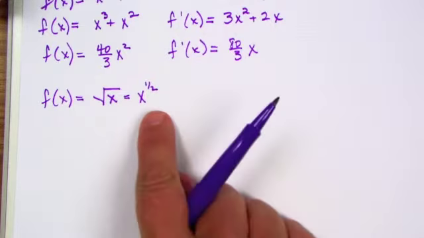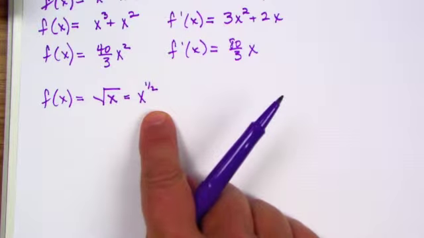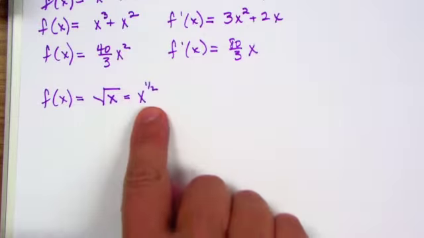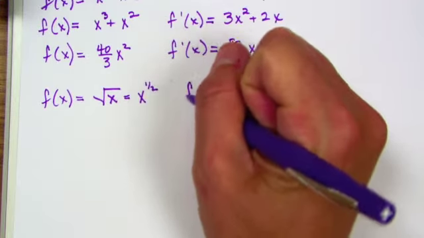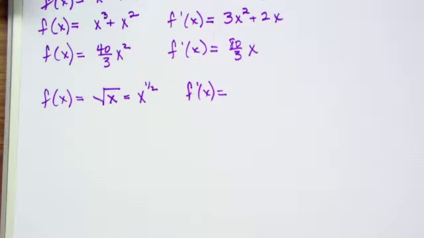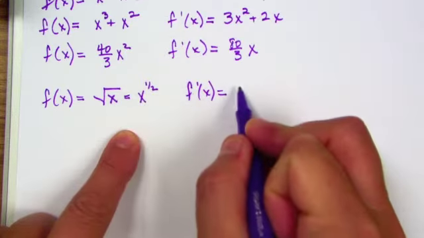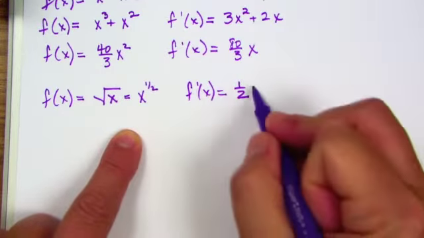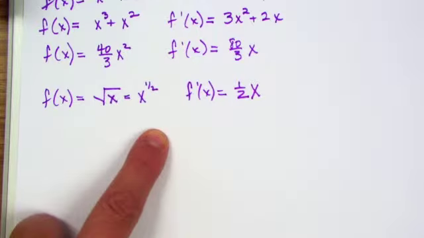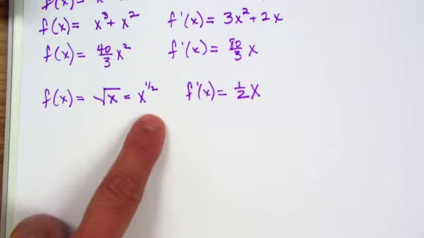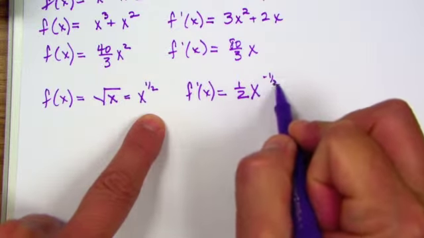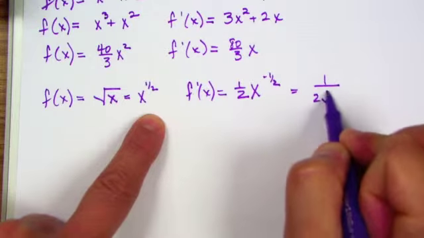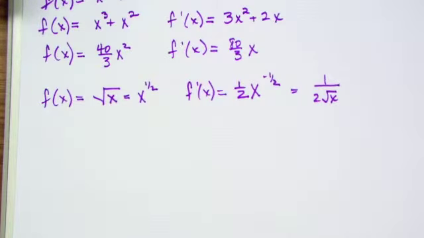So this rewrite step is very important for getting your derivative, because if I can have this written in terms of a power, now I can apply the power rule. What did you guys tell me to do with the power? Bring it down in front and multiply it by whatever's there. And then what am I supposed to do with the power? Subtract 1. So if I take 1/2 and subtract 1, I get negative 1/2. When you look this up in the back of the book, there's its answer.